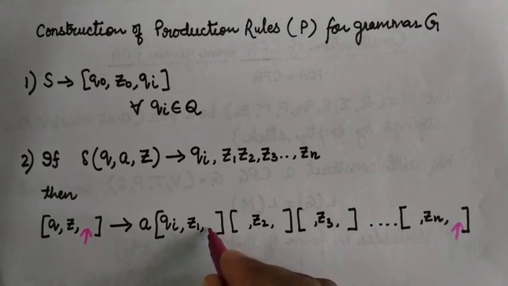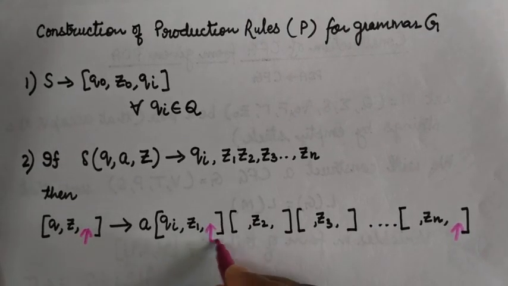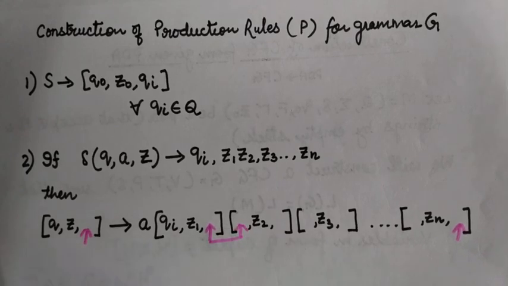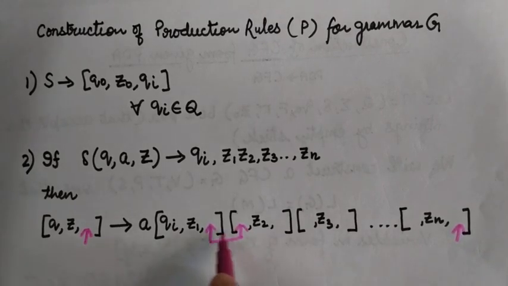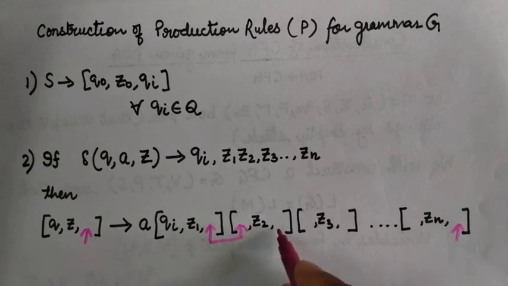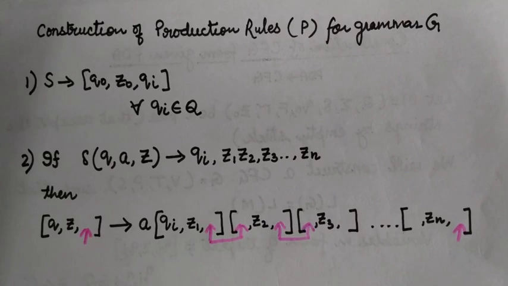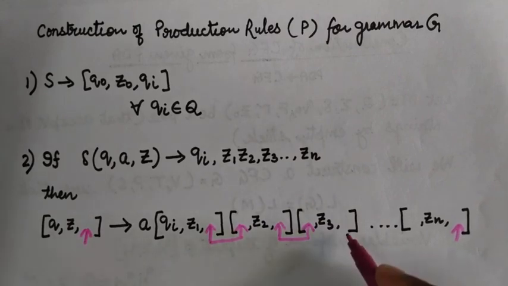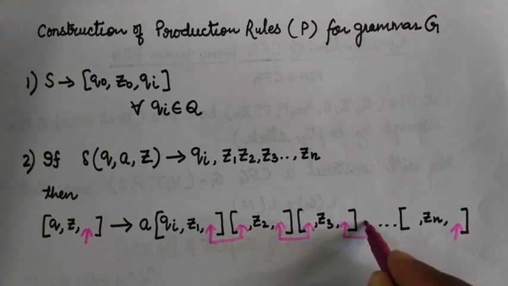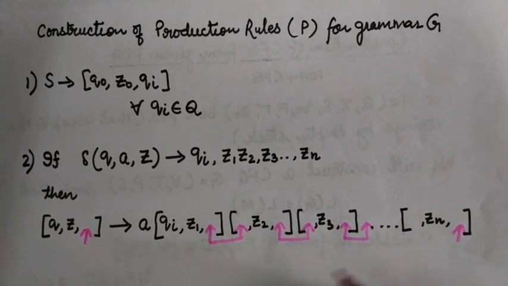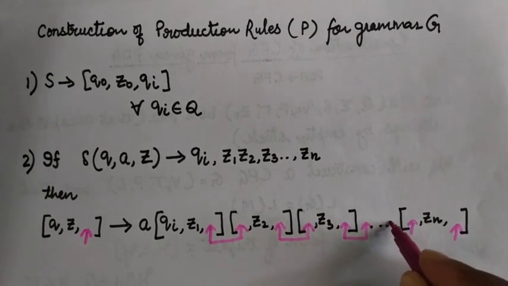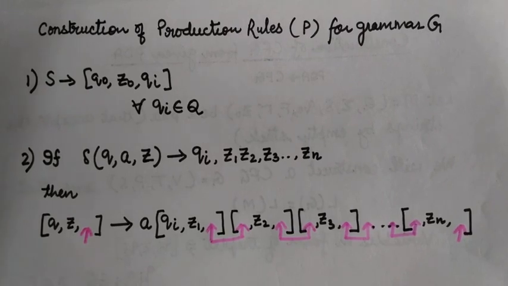The same way the state written here will be the same as the state written here. That means these two states will be the same. And the state written here will be equal to the state written here. The same way the state written here will be equal to the state written here. The state here and here will be the same. And we will make all the combinations of states present in the capital Q.